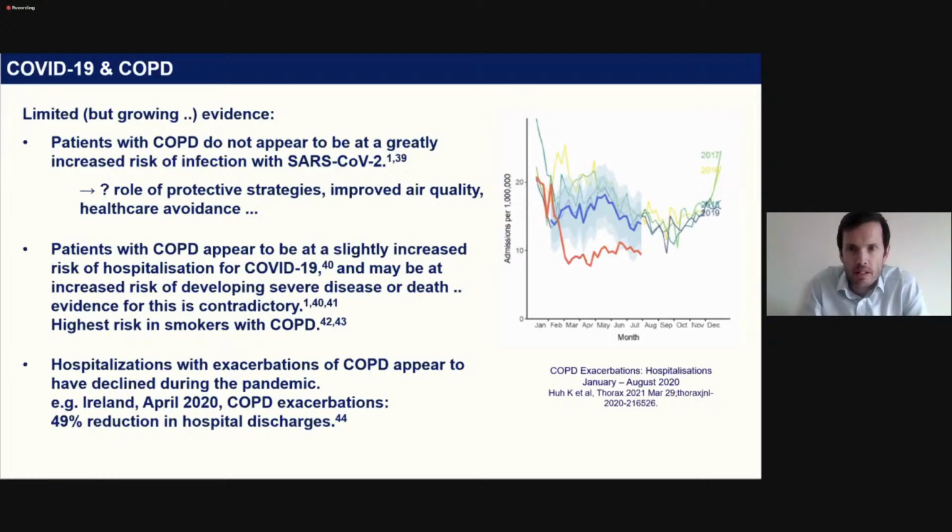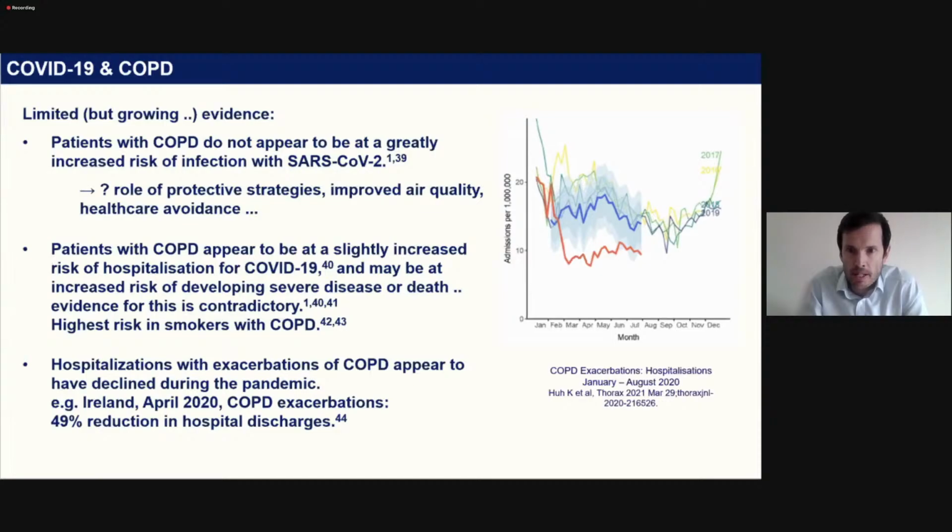Based on the limited body of evidence to date, it would appear that patients with COPD do not appear to be at a greatly increased risk of infection with SARS-CoV-2. This may be due to protective strategies such as social isolation and public health measures and improved air quality, and also possibly due to healthcare avoidance.